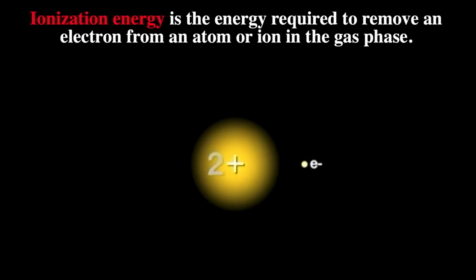This energy is called the second ionization energy, I2. As each electron is removed by ionization, the remaining electrons experience less electron-electron repulsion and a greater effective nuclear charge. Thus, each successive ionization requires more energy.